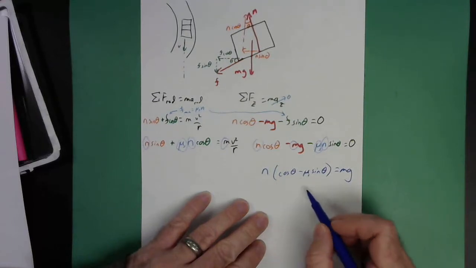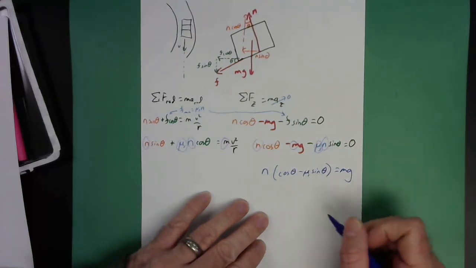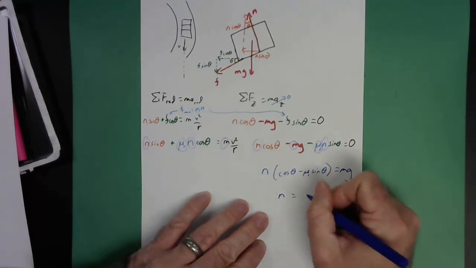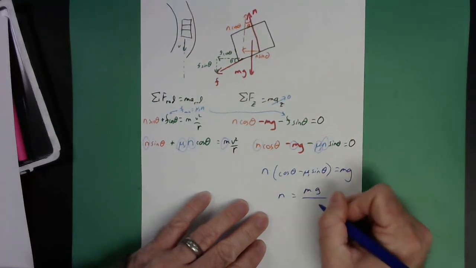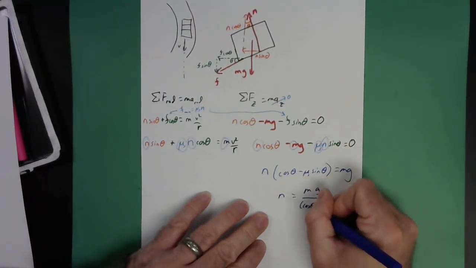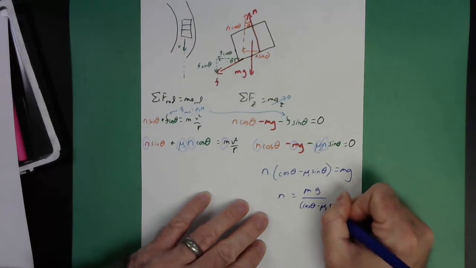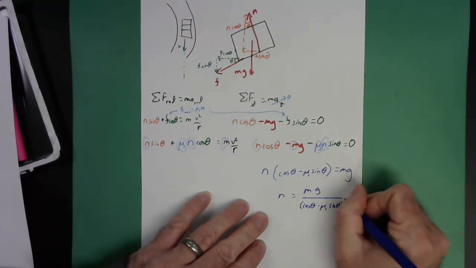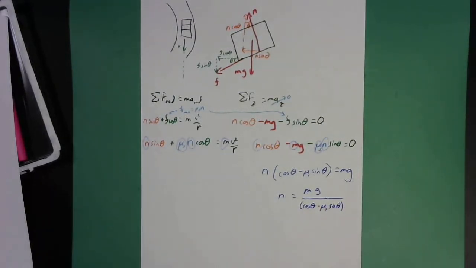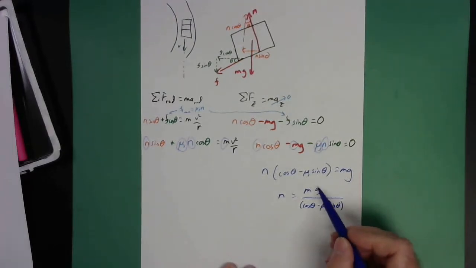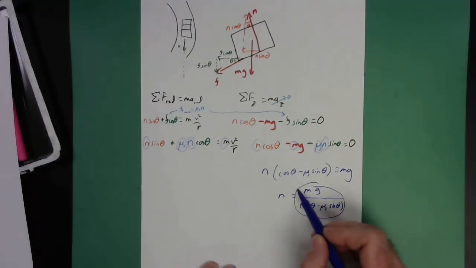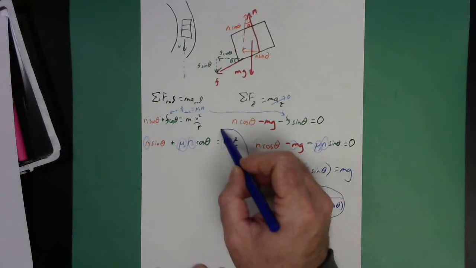Now for n, I would just take this bit in parentheses and put it underneath. So that normal force is going to be mg over the cosine of theta minus mu sine theta. And that coefficient of friction, of course, is what I'm trying to solve for, but I'm going to take this mess and substitute it in the other equation where I see n.